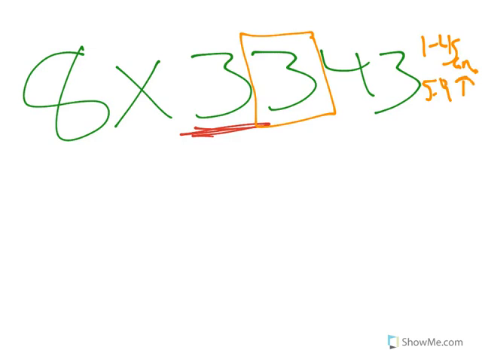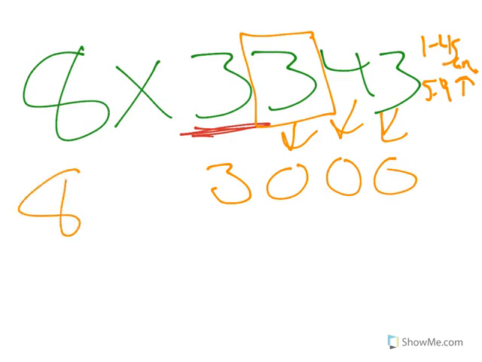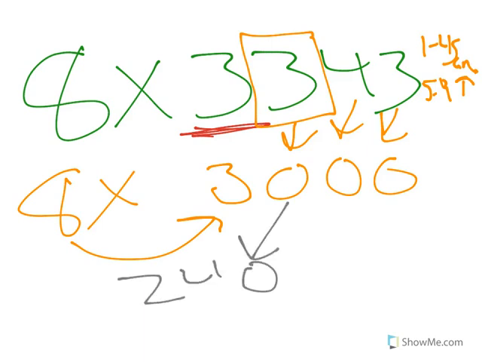So 3 is in between 1 through 4, so 3 stays the same. Everything else becomes, you got it, 0. Now it's just like last lesson. I just do 8 times 4, which is 24, and pop these zeros down. And I've got 24,000.